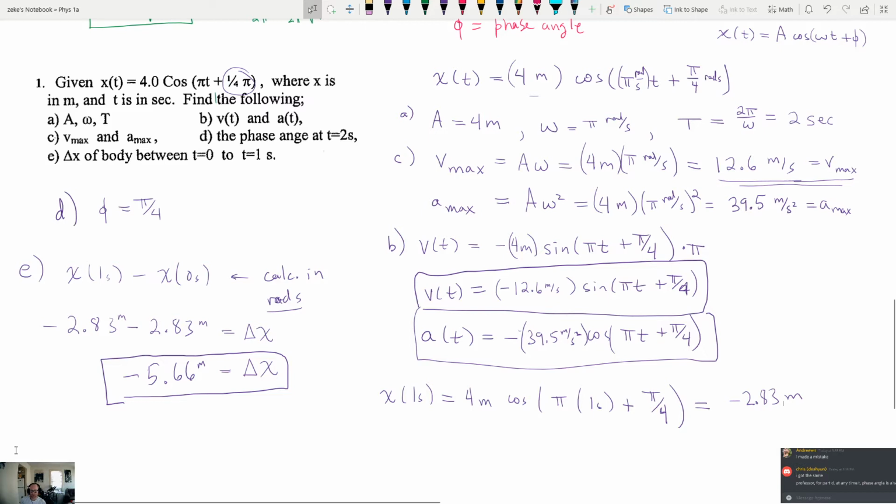All right, so there we go. Honestly, I didn't write this problem, and I don't really understand what this means. I think there's two possibilities of what it means. Either it just means find the phase angle, which obviously never changes. Or the other thing it could mean is to find the phase at t equal to 2 seconds, the phase would be this entire quantity right here. So it would be 2 pi plus pi over 4, which would be 7 pi over 4.